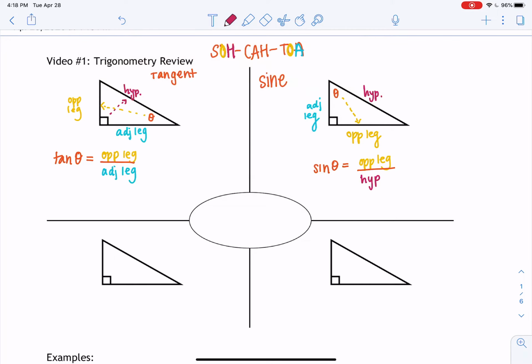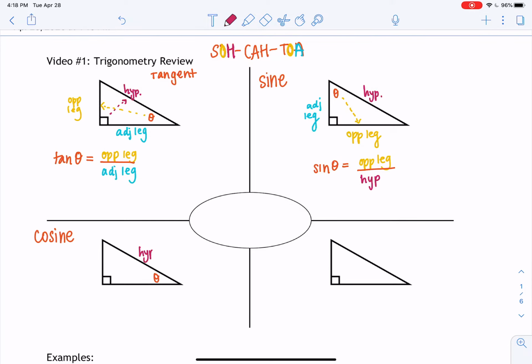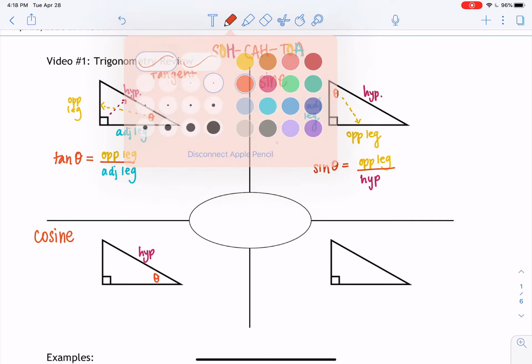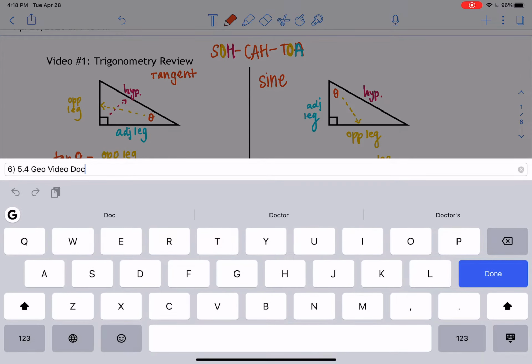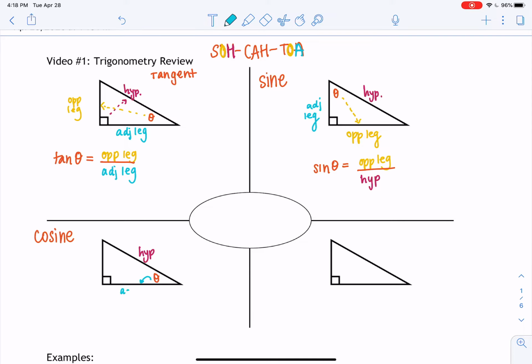Last one, we'll have cosine. We'll put theta here. The hypotenuse is always across from the 90-degree angle. The adjacent leg is the one next to theta, and the opposite leg is the leg that is across from theta.